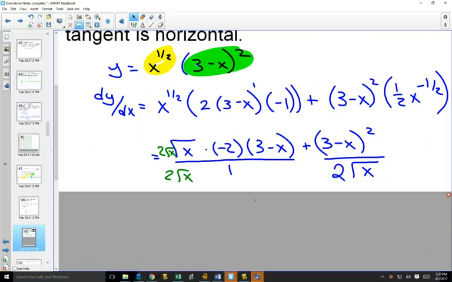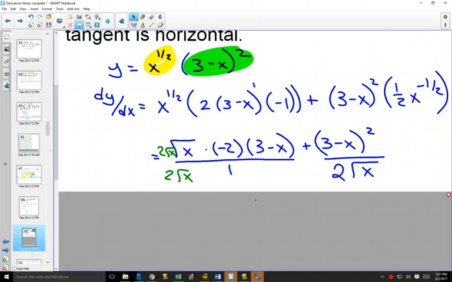So I see in my second fraction, I already have a 2 and a square root of x on the bottom, which is something that I wanted. But I wanted a single fraction with a 2 and a square root of x on the bottom. So you can see in the green there, I got a common denominator. If I multiplied the top and bottom by 2 square root of x, I'm going to have a common denominator between my two fractions, and then I'm going to be able to add them.